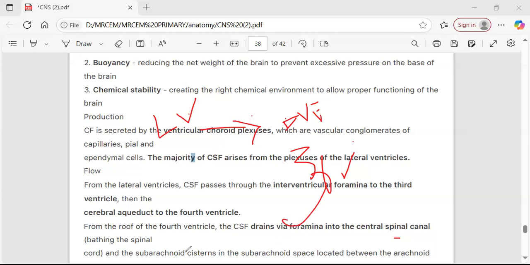From the third ventricle, it goes to the fourth by the cerebral aqueduct. From the fourth ventricle, CSF drains via foramina into the subarachnoid space around the spinal cord. That is where the arachnoid granulations absorb it, and that's how the circle goes on.